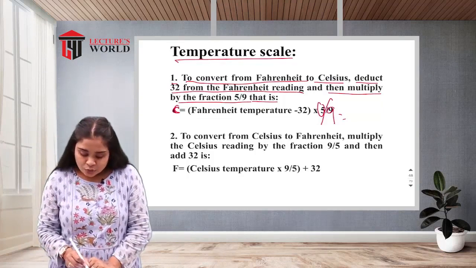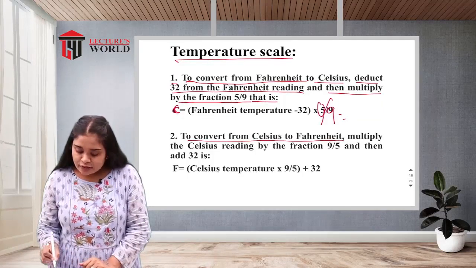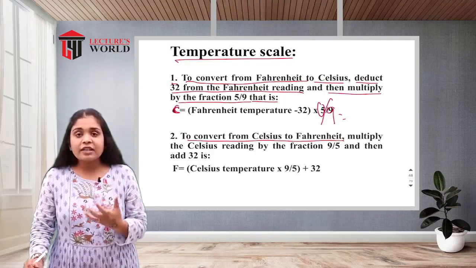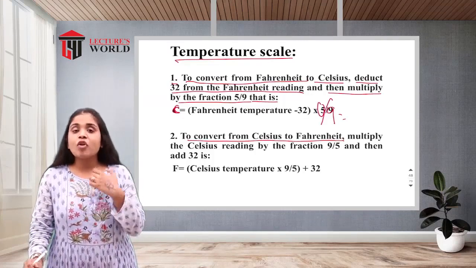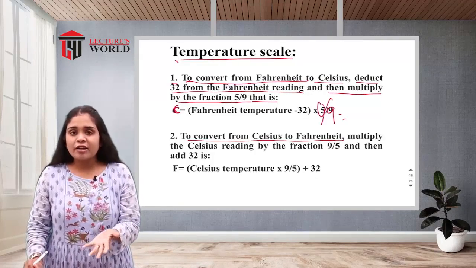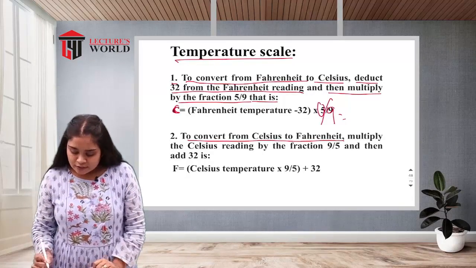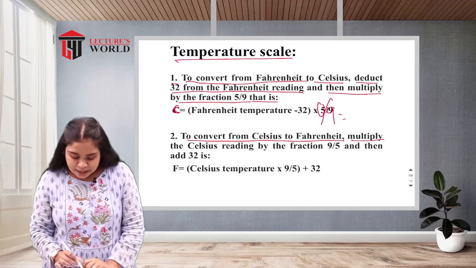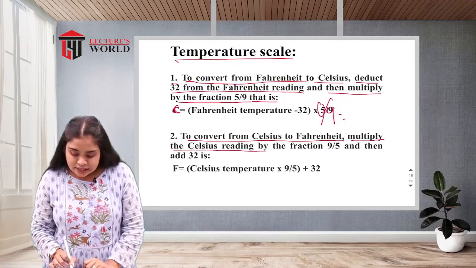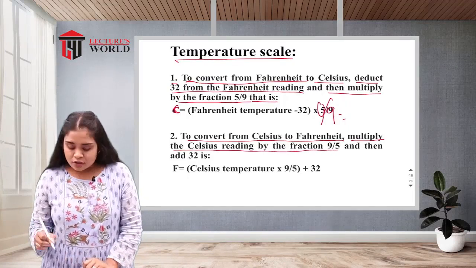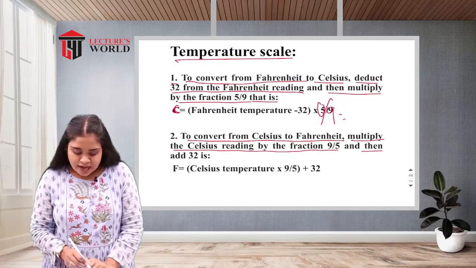Now if we want to convert from Celsius to Fahrenheit, we have the reading in Celsius but want to know how much it comes to in Fahrenheit. At that time, multiply the Celsius reading by the fraction 9 upon 5, then add 32.